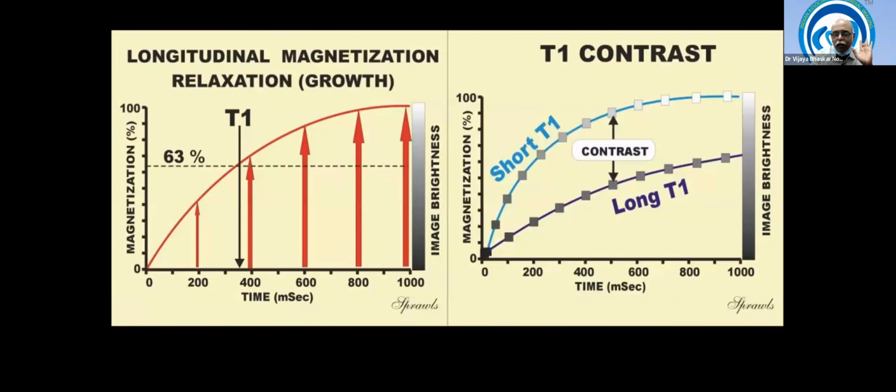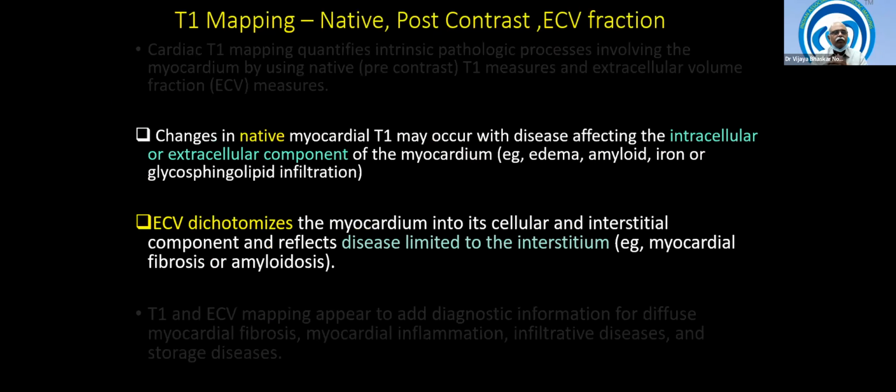This is a physics diagram showing you what is known as longitudinal relaxation or longitudinal magnetic relaxation. What is the advantage of one? ECV fraction. And why do you do post contrast? So the native T1 map values will give abnormality about the intracellular or extracellular component. Like I told you already, in the myocardium, there are myocytes and there is a matrix.